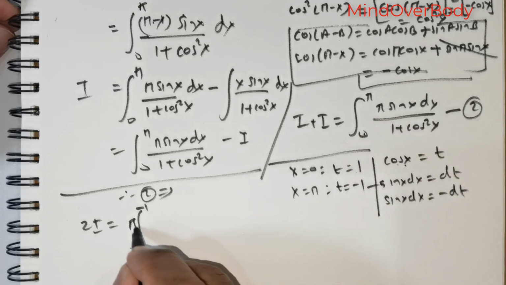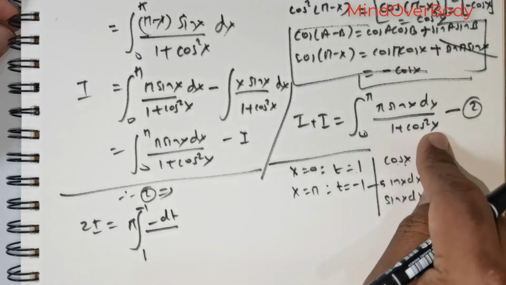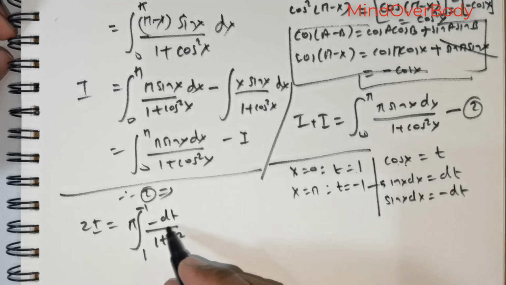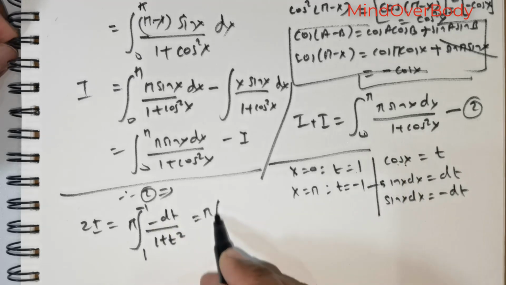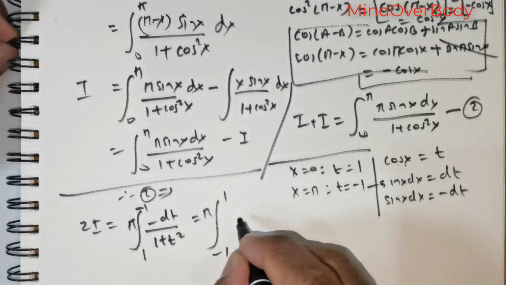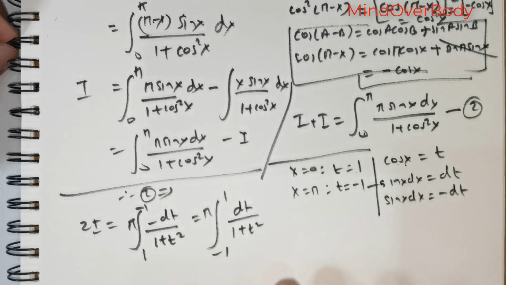Sin x dx is negative dt, place that. 1 positive cos squared x, cos x is t, so it's going to be 1 positive t squared. Now if I change the limits to negative 1 to 1, the sign gets reversed and becomes positive. So this is going to be dt divided by 1 positive t squared.